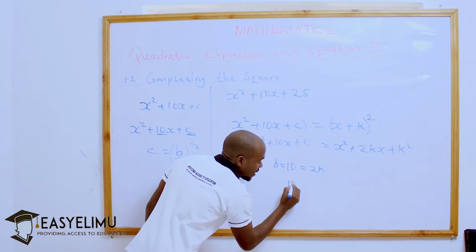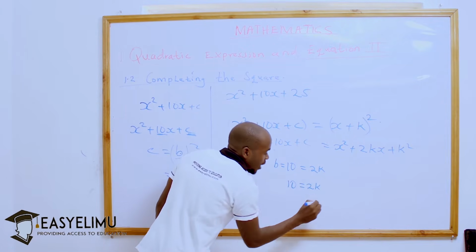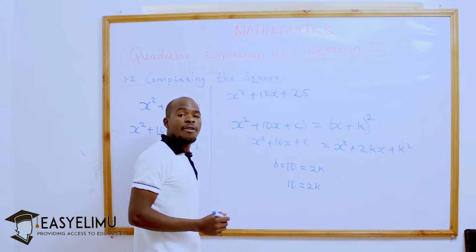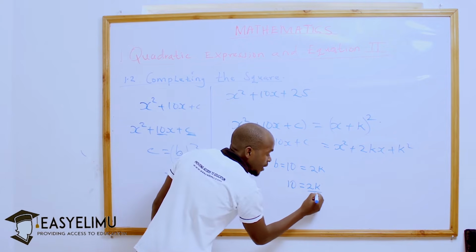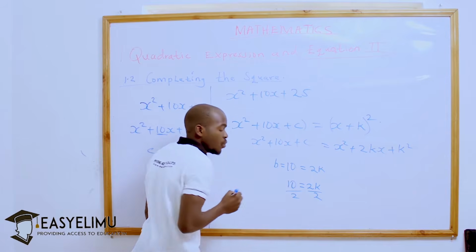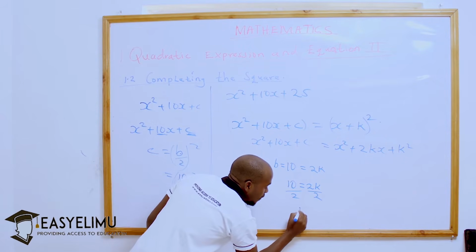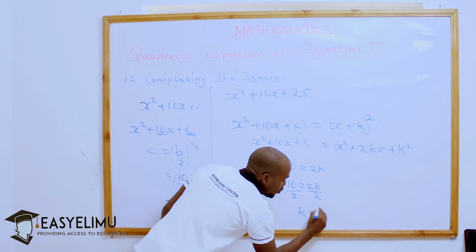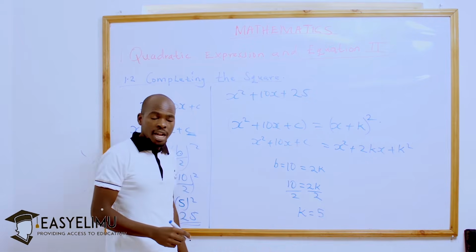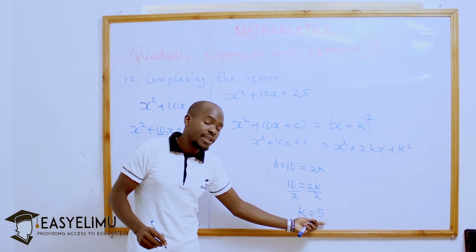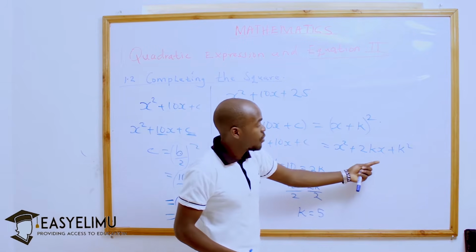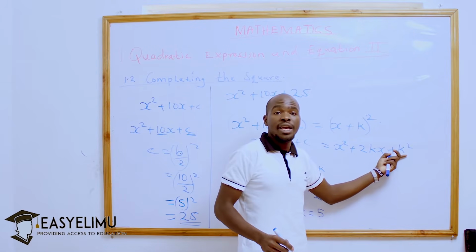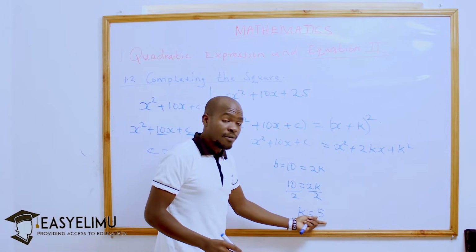So we can say that 10 is equal to 2k. To find the value of k, we divide both sides by 2, and you will find k is going to be 5. Now we have found k is equal to 5. But we said our c is represented by k squared, and k is 5.